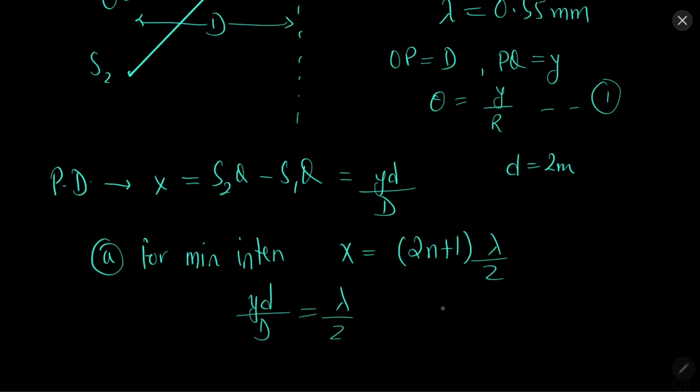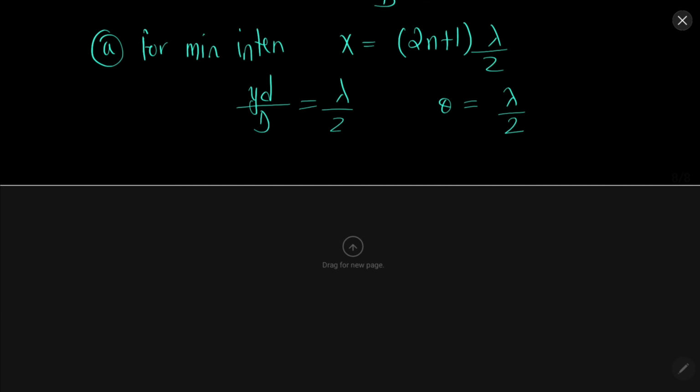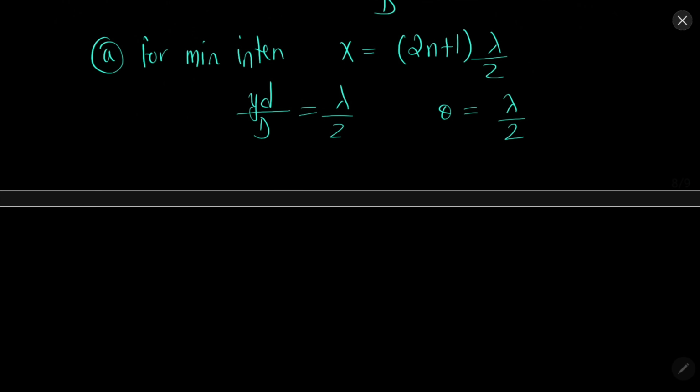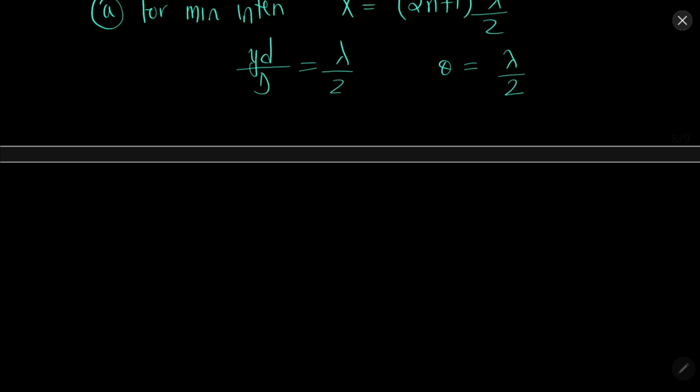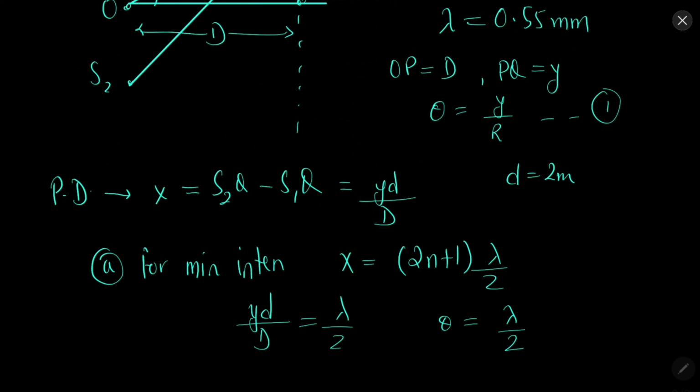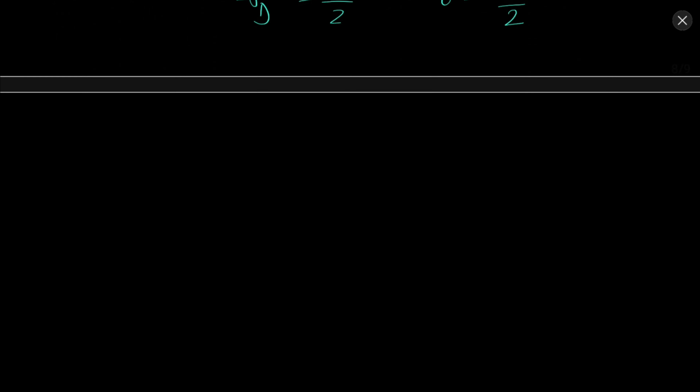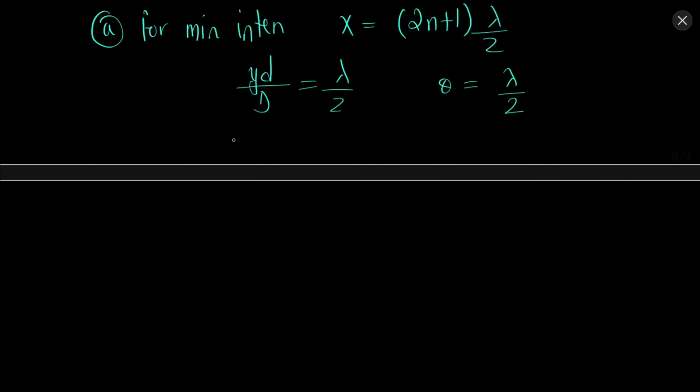From here theta will be lambda over 2d. So by this we can find the value, which will come out to be 0.1735 radian, and in degrees it will be 7.9 degrees.